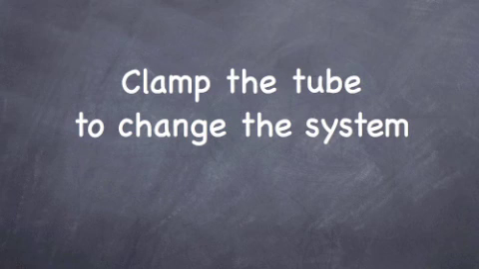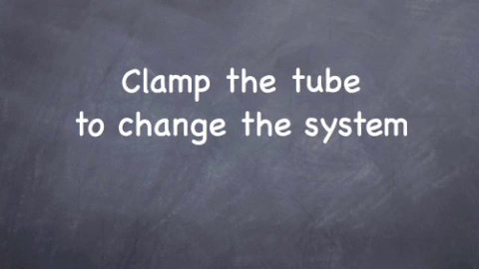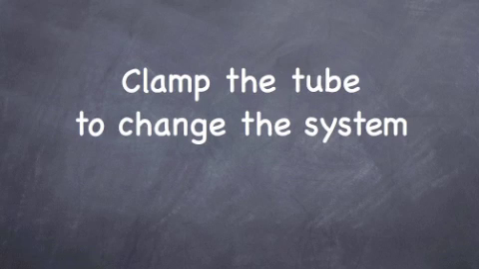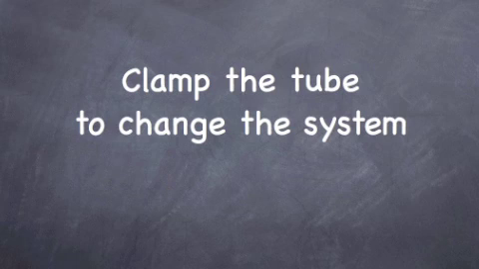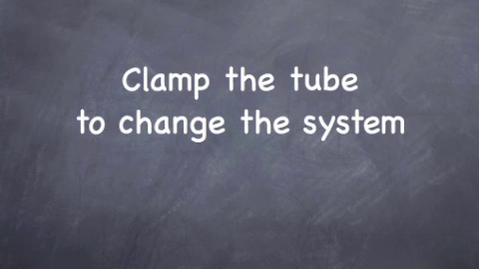So what you'll have is the rubber-tipped clamp, so that you can clamp the tubing off, clamp the chest tube off, change the system, and then reapply it and unclamp the tube. So those are the two things for safety. Those are the overriding safety things that you need to keep at the bedside.